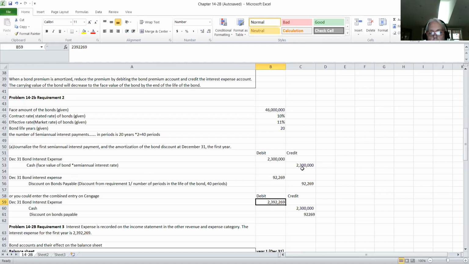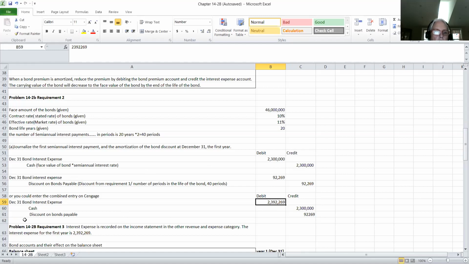Then we credit our cash for $2,300,000, and we credit our discount for $92,269. So just to double check, you would add your credits together to make sure that they equaled your debits. This is the combination entry of these two.